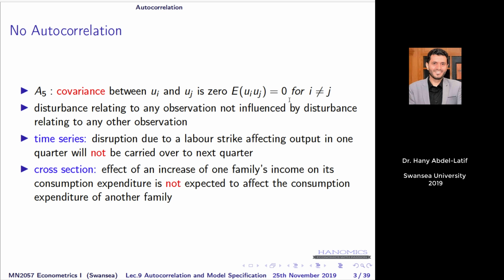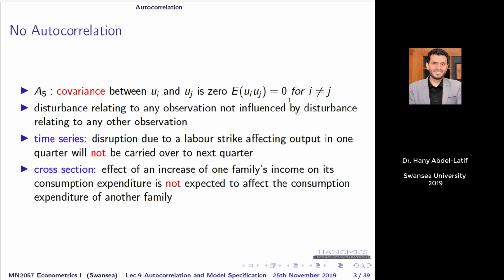So if we have time series data, for example, suppose a disruption happened because of a labor strike that affected output this quarter. If there is no autocorrelation, we shouldn't expect this to affect output in the next quarter, if your data is quarterly.